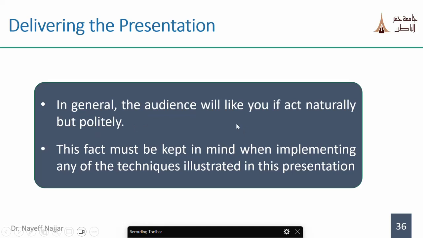That's not a good thing to do. You want to be as natural as possible, but of course there are certain limits. You cannot laugh too loud, for example, or use inappropriate language. So you'll be something in between, but more natural than rigid and formal.